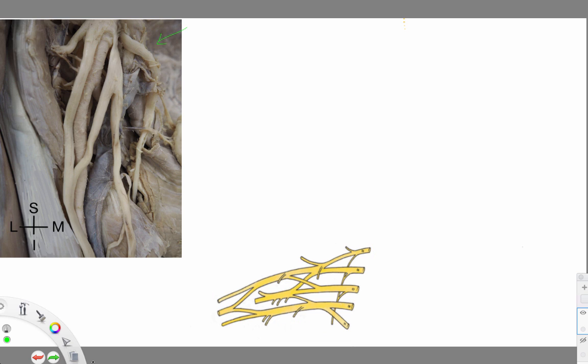I'm going to try and make this a little bit easier for you by telling you a story to help you understand the main layout of the brachial plexus. So this story starts with Mr. C5, C6. And he's a very happy fellow.